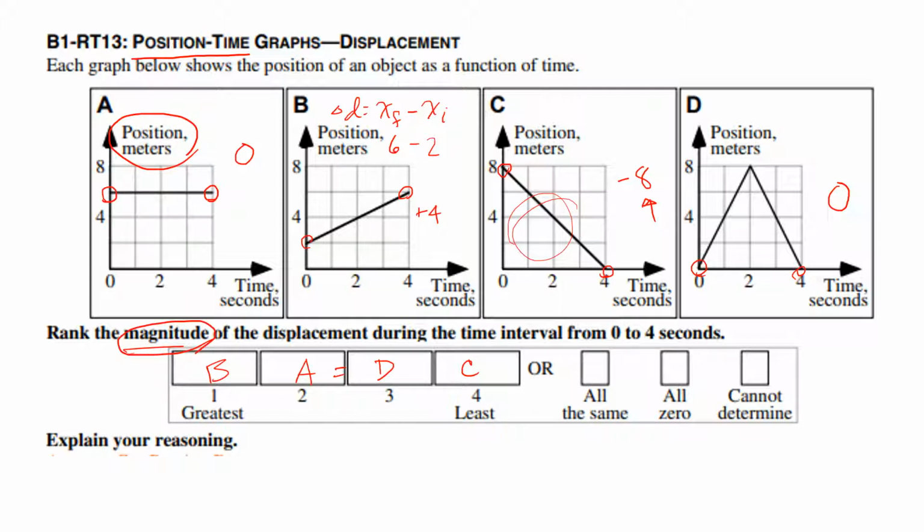Because the word magnitude is there, we're just going to consider the absolute values. So the answer, at least out of the book, is C is the largest, because we take the absolute value of -8. So this is going to be C is greater than B is greater than A, which is equal to D, because they're both 0.